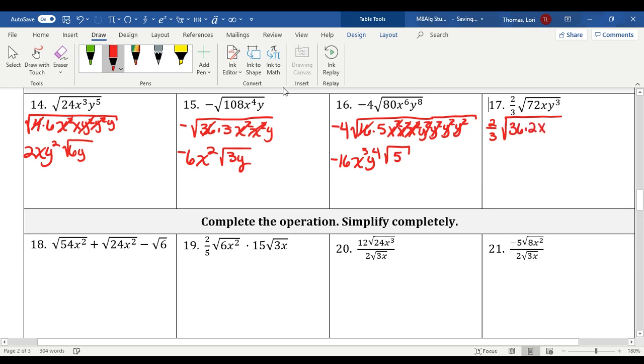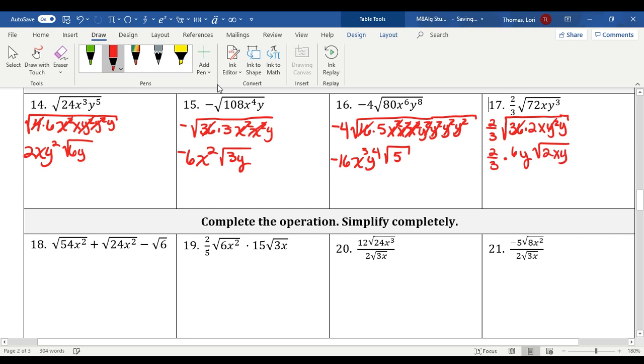Then we have x, y squared y. We take the square root of 36, which is 6. And then we take the square root of y. Let's undo that, make that a little bit neater as well. And then what's left, so we've taken the square root of those, we have 2xy.